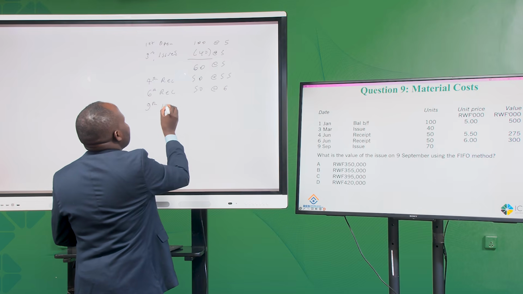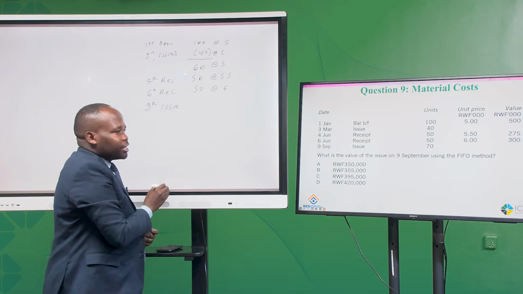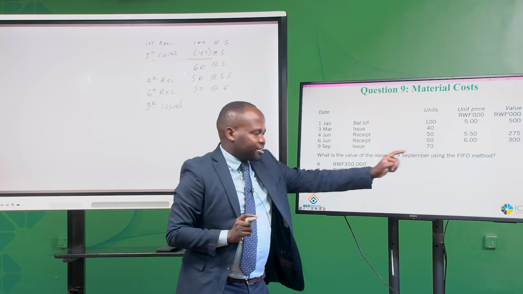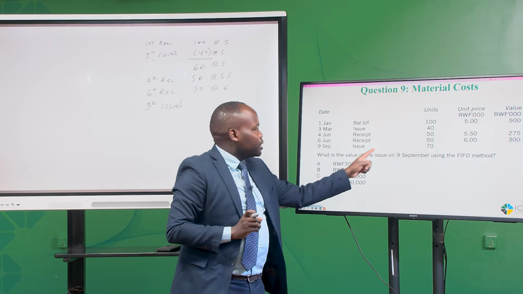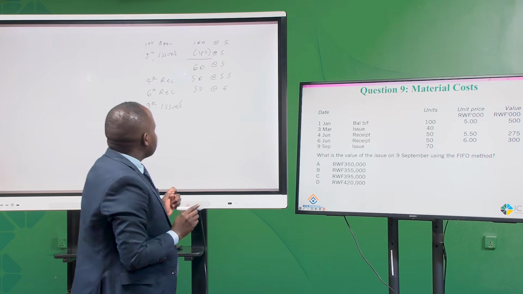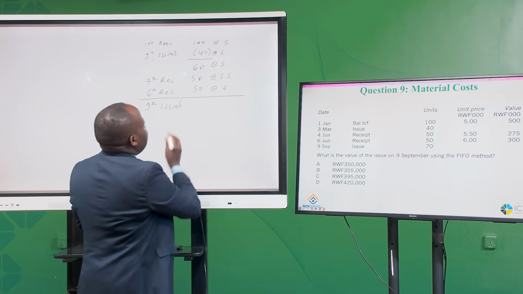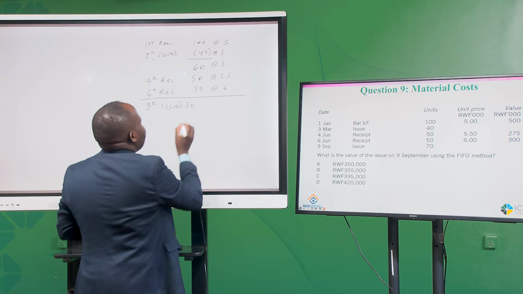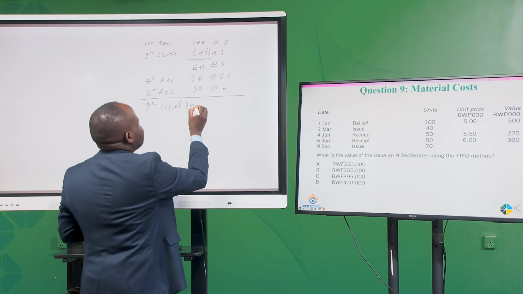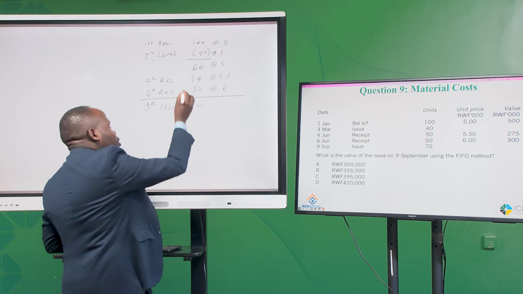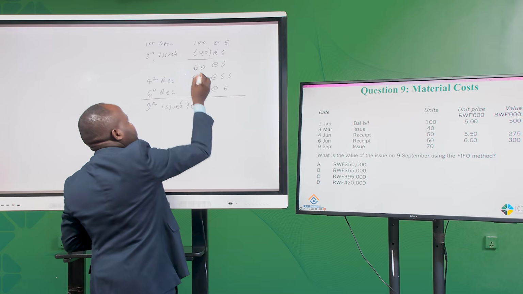On the 9th, we now issued. Take note, we are using first in, first out. We issued 70 units. If we issued a total of 70, we were remaining with a balance of 60.